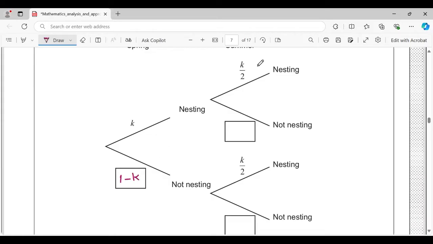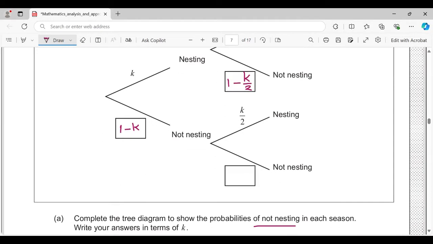And how about this? If the probability of nesting is k half, it means the probability of not nesting is 1 minus k half. As well this, 1 minus k half.